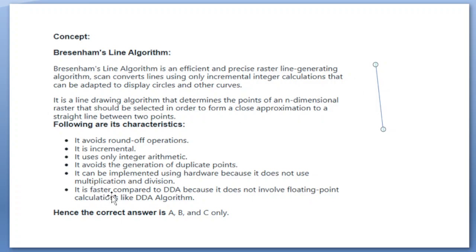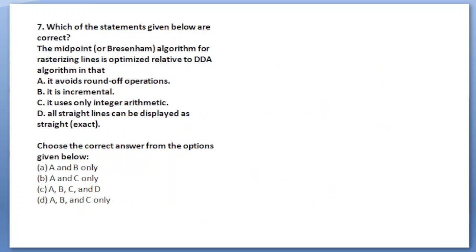Then we can check the statements given. Option A is that it avoids round off operations. That is what I already told in the characteristics of the Bresenham algorithm, and it is incremental also, and it uses only integer arithmetic. These three are the basic characteristics of the Bresenham algorithm.